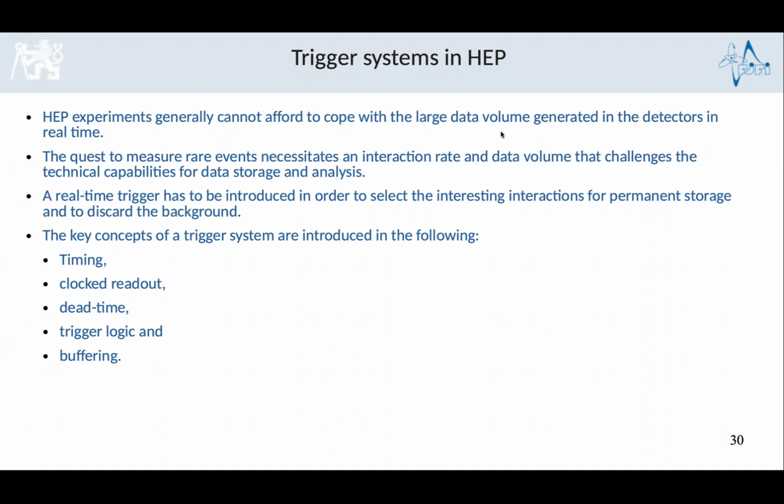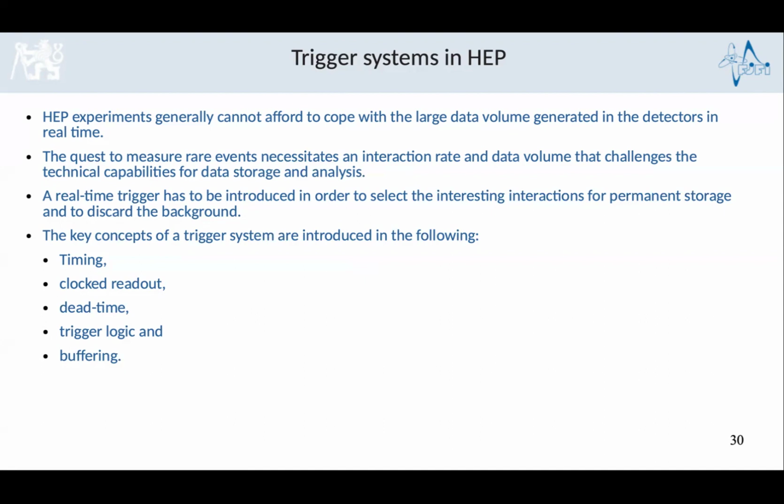So in order to measure rare events, we should somehow select what information we want to record for further analysis. For this, real-time triggers need to be introduced to select these interactions for permanent storage and discard the background.